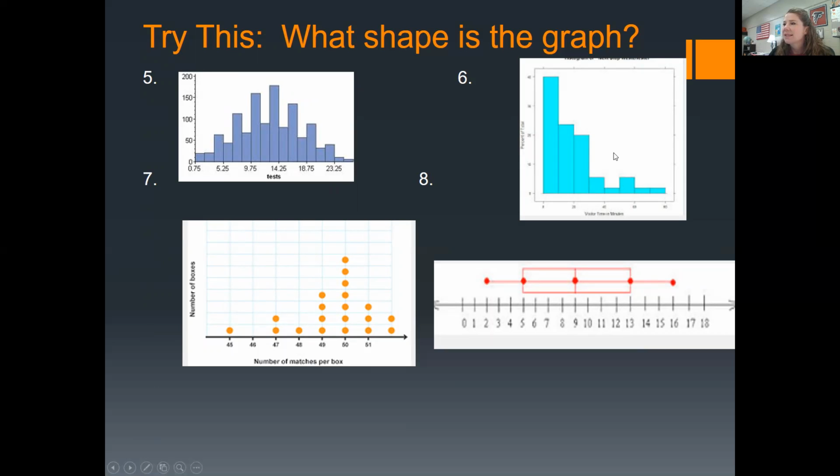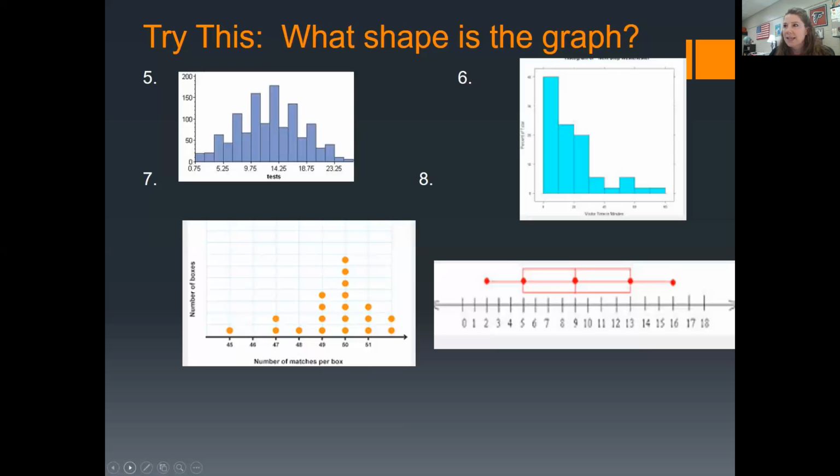What about 6? You would say this graph skews right. Number 7, this dot plot skews left. And number 8, we would say this graph looks very symmetrical.